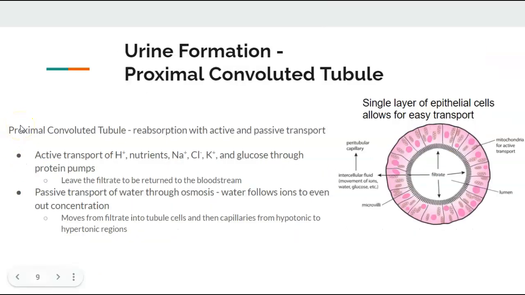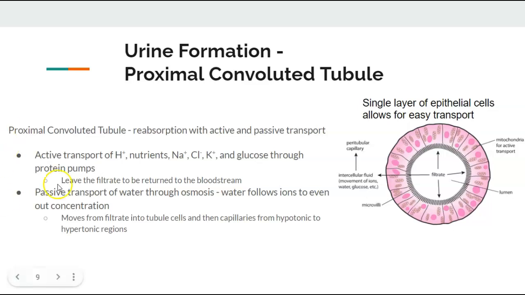Okay, then the proximal convoluted tubule is a single layer of epithelial cells, so small square cells, easy transport, easily moves the filtrate out into the intercellular fluid to get picked up by the passing capillaries. This is reabsorption with active and passive transport, which means that reabsorption happens with and without energy.